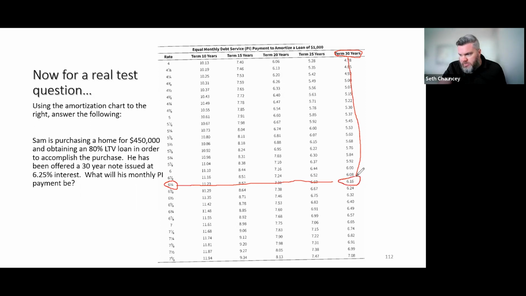So the loan factor is 6.16. So do the math for me. What is the monthly principal and interest payment based on that number? It's 2217.6.